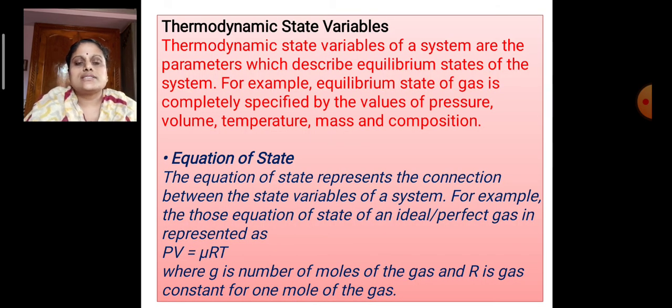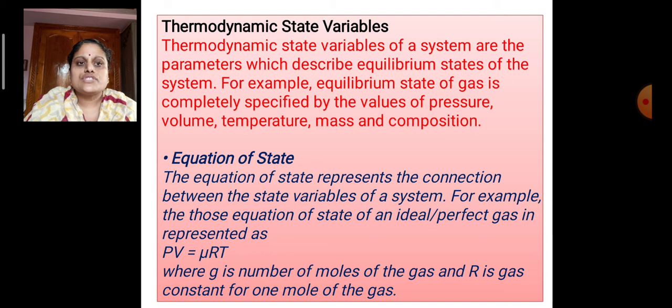Now let us see what are thermodynamic state variables. We had already seen that they are the parameters which describe the equilibrium states of the system. Example, pressure, volume, temperature, mass and composition.